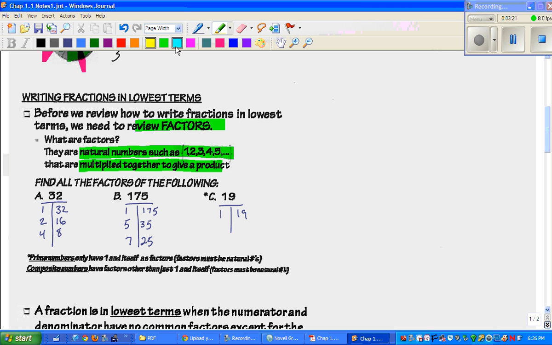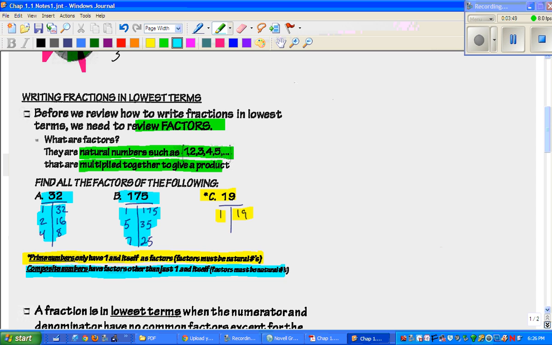Now, if you notice, we've got the little asterisks right there. That's called a prime number. A prime number is when only 1 and the number are the factors. These other two are called composite numbers because they have multiple factors.